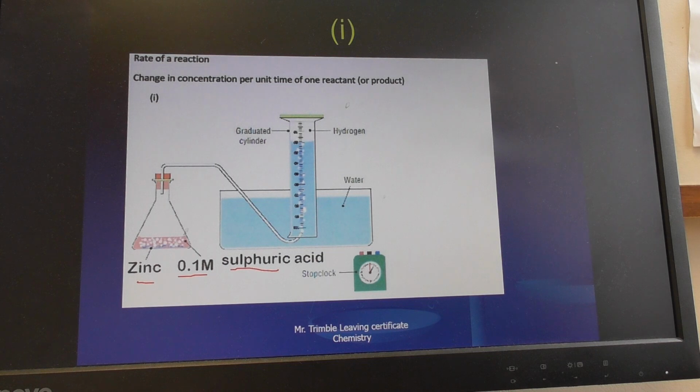Then you have a stopper with some glass tubing in it. You could call this the delivery tube and mark that in the diagram, and there's the bubbles of hydrogen gas, and the graduated cylinder allows you to measure the amounts. Always include a stop clock when you draw the diagram for this one.